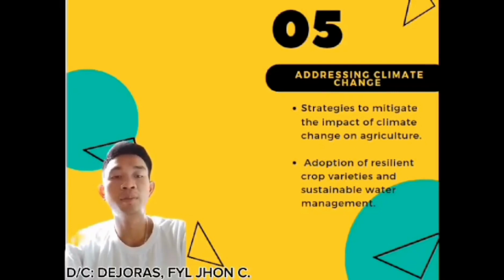This involves transitioning to renewables, improving energy efficiency, and implementing resilience measures in various sectors. So it requires a collective effort to protect the environment and build resilience.